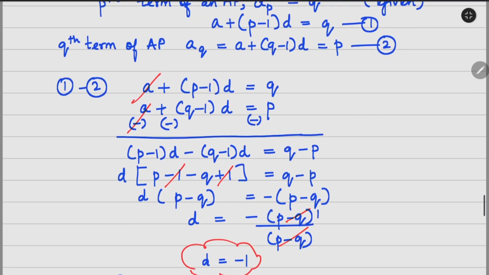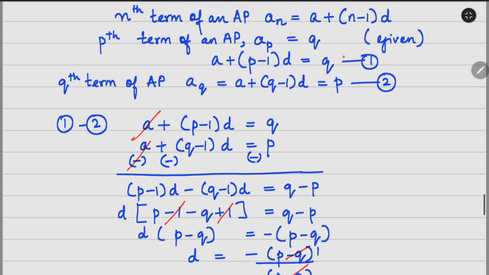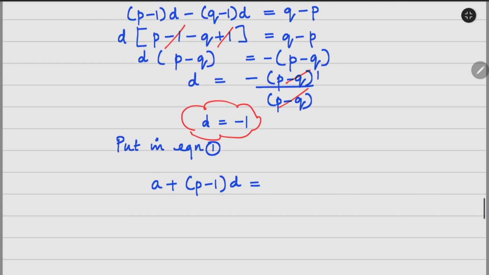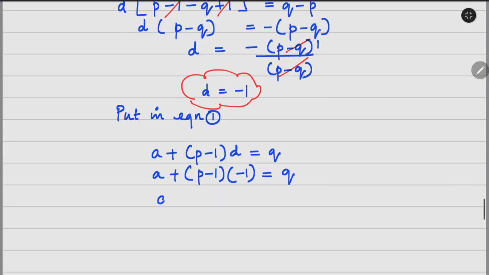I'm just putting this value of d equal to minus 1 in equation 1. So now let's substitute: a plus (p minus 1) into minus 1 is equal to q. Solve it. So you have a minus p plus 1 is equal to q.